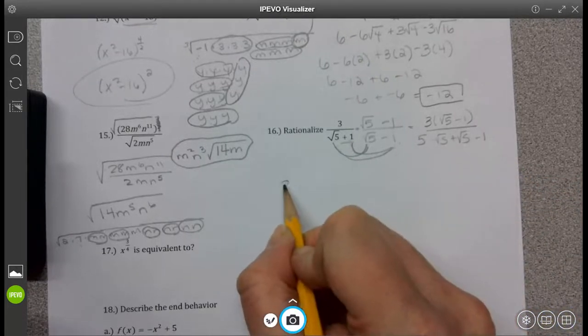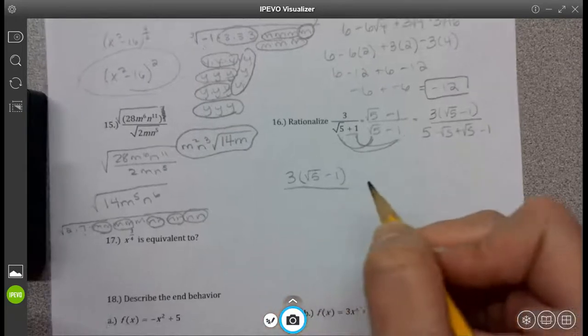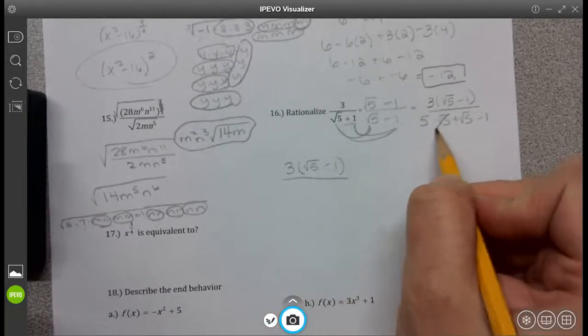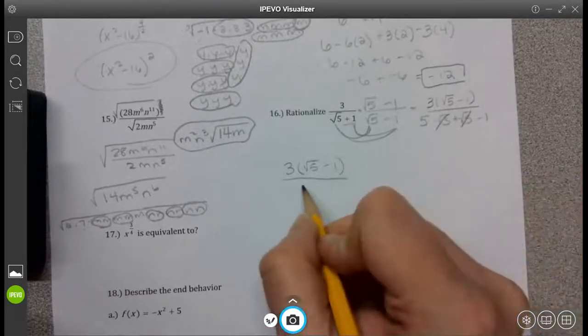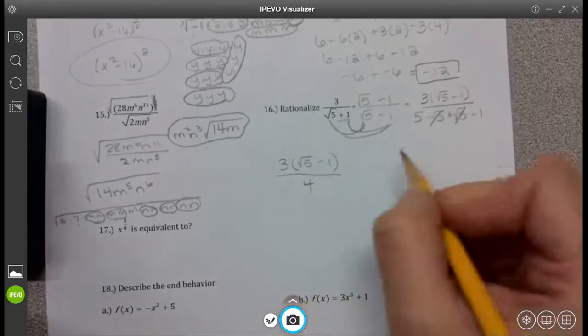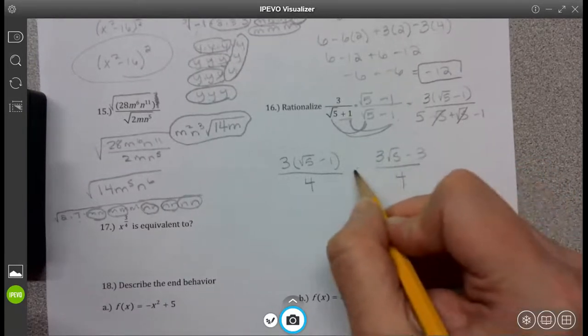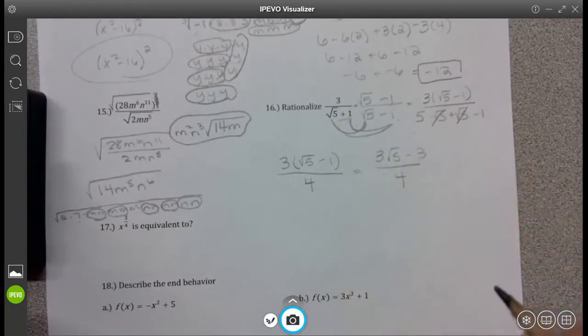So it ends up being 3 times the quantity, root 5 minus 1. I like to distribute at the end in case things can cancel. Middle terms cancel, 5 minus 1, which is 4. So you could leave it like this, or you could write it like this. Like I said, doesn't matter. It just depends on what your final says is the answer.